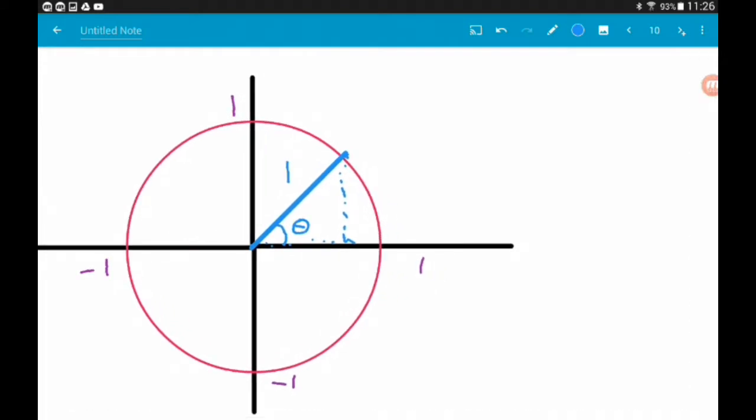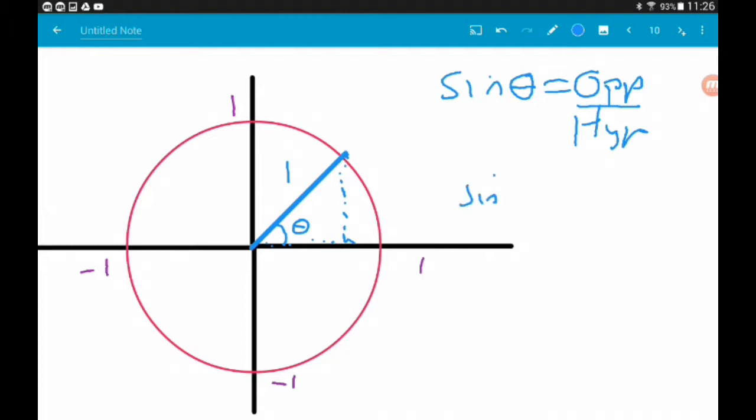So remember, the identity for sine is sine theta is the opposite divided by the hypotenuse. So here we get sine of theta is equal to the opposite divided by 1. Therefore, the opposite side is sine of theta.